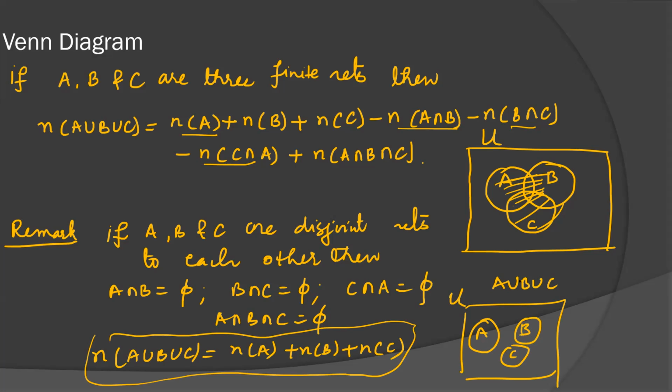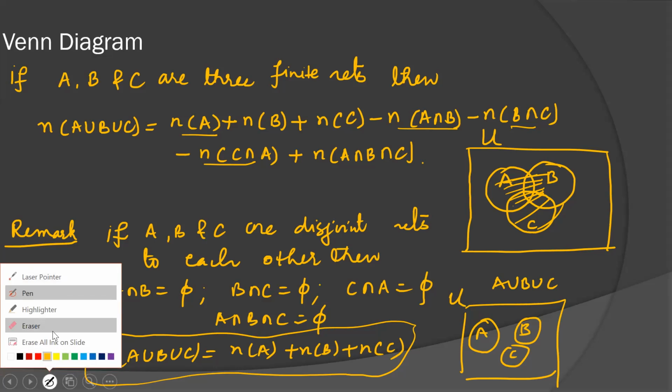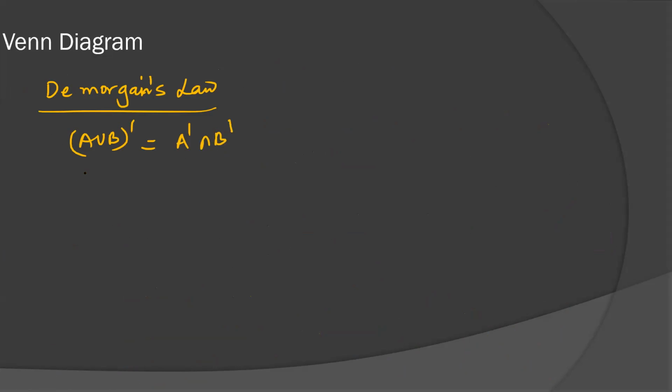So these are two basic formulas, and I also told you in the previous lecture about De Morgan's law. I'm going to revise it again because it will be useful here. De Morgan's law, I told you: complement of A union B is equal to A complement intersection B complement, and complement of A intersection B is A complement union B complement.